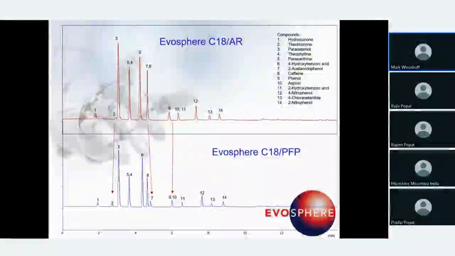So in particular, peak 2, peak 7, and peak 10 all move and provide us with alternate selectivity. So these are still L1 columns. When your standard L1 column doesn't work, you now have these multiple mechanisms to pull metabolites, isomers, problem compounds apart from each other and gain more selectivity, more resolution between peaks.